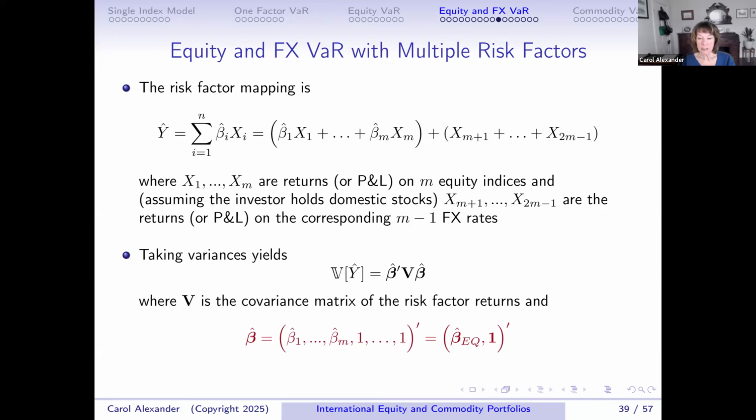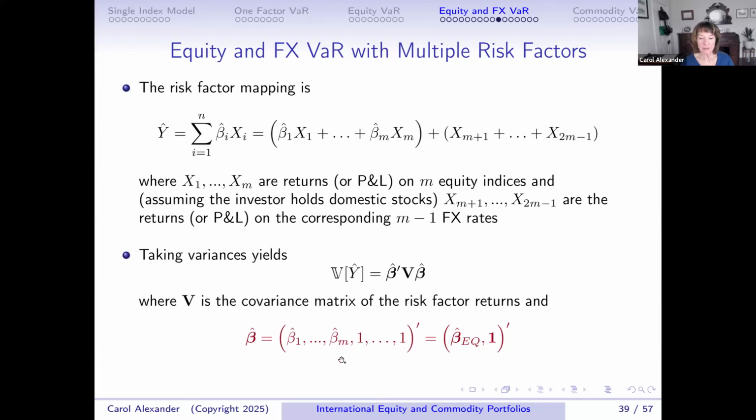And we can decompose that beta vector into two parts, an M by 1 vector beta EQ, and a series of ones. In fact, I should put primes inside as well here, but you understand what I mean.